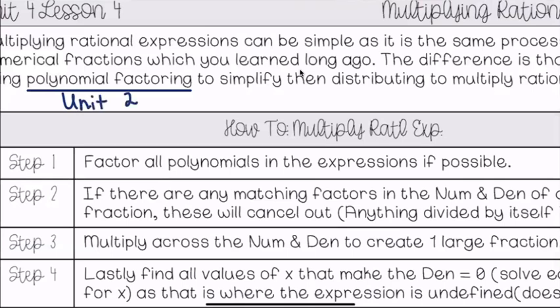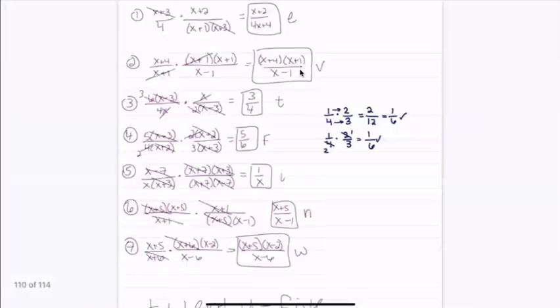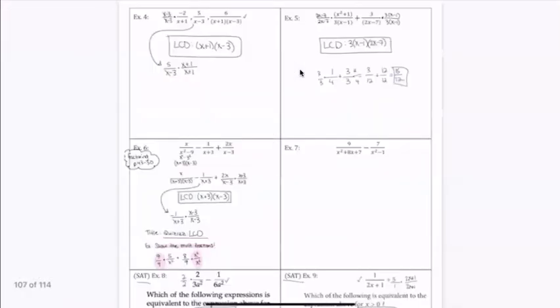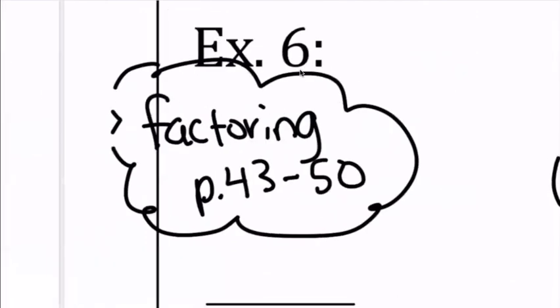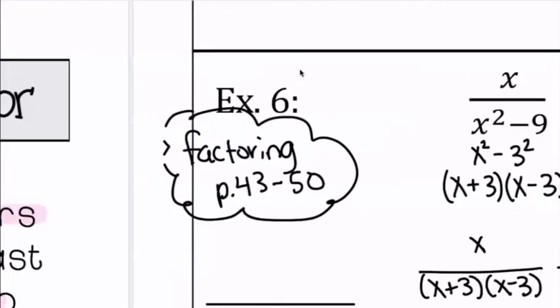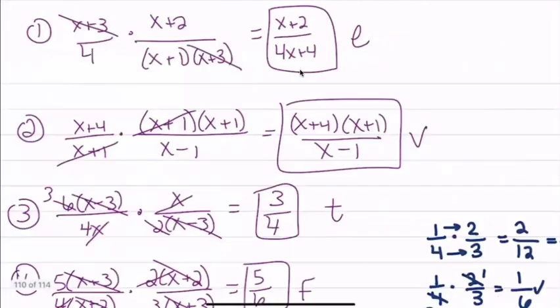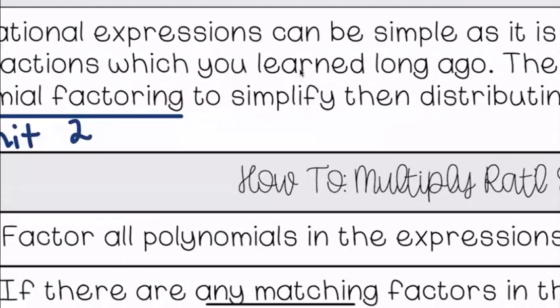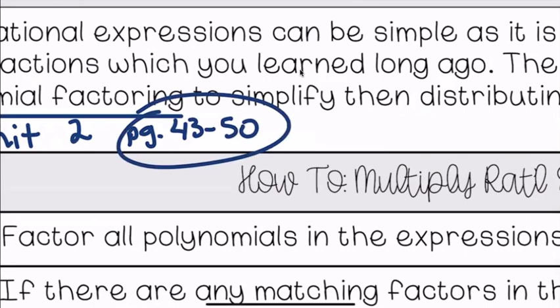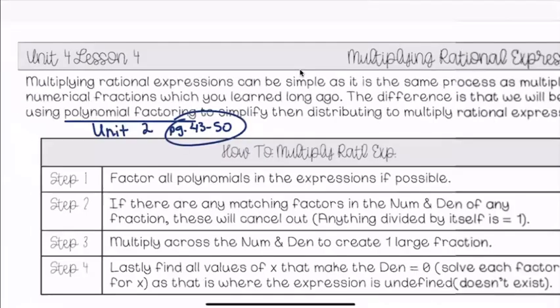So all those notes are somewhere around, I think, the page 40 mark. I might have written it down somewhere before. Here we go. Our factoring is page 43 to 50, at least the year that I recorded this. Obviously, if we change our page numbers, I'll put a note on quizzes for later on.